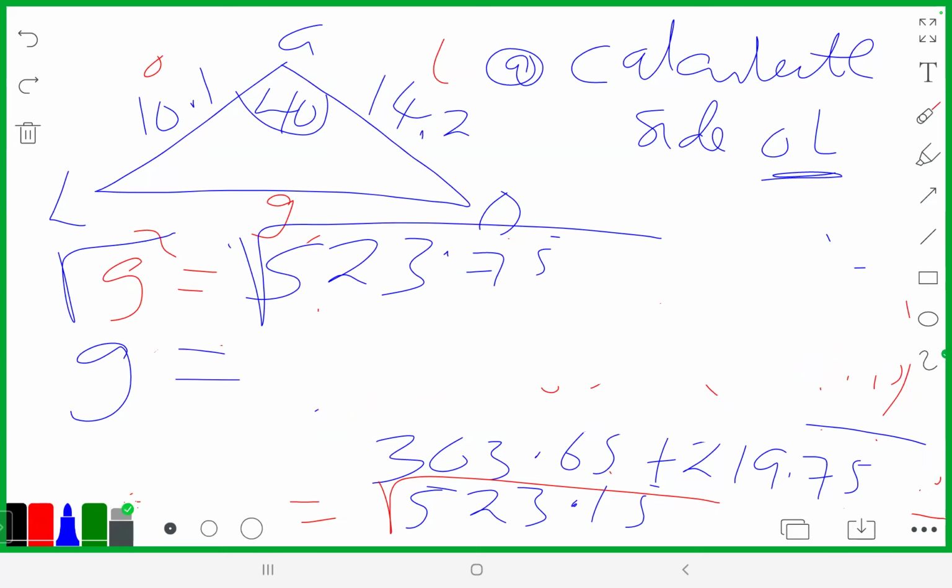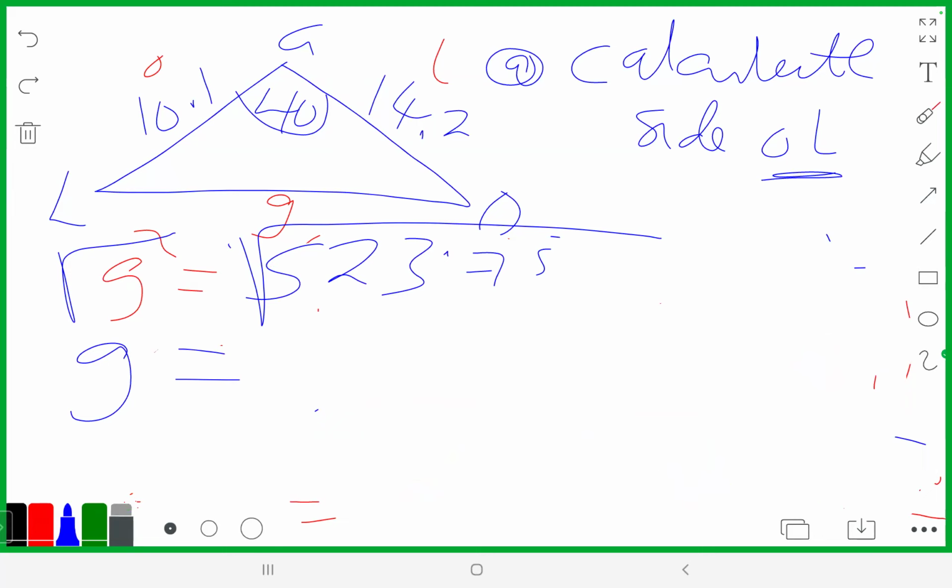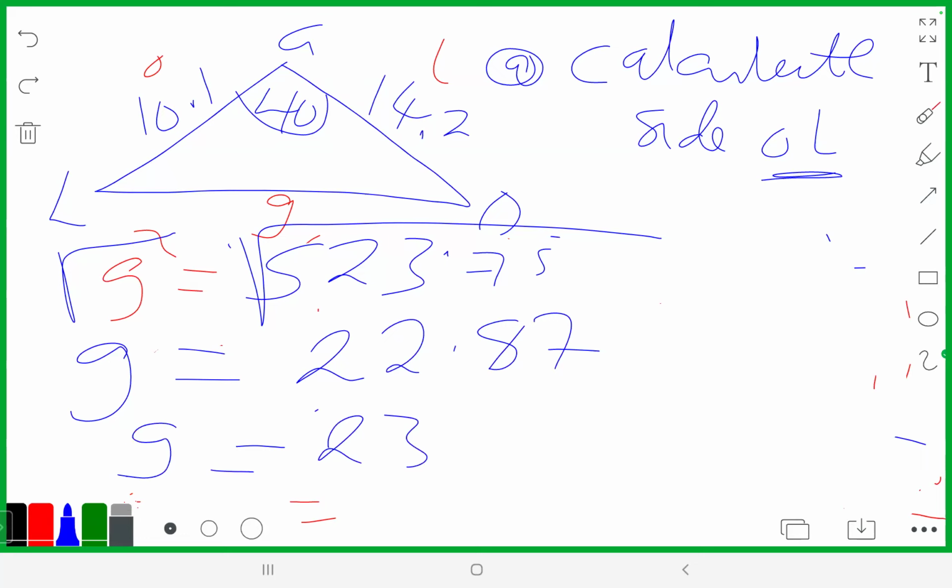It gives us 22.87, which is approximated as 23. So G is equal to 23.